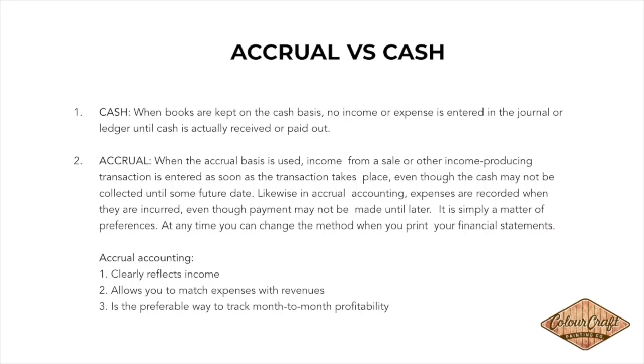It also makes it a little bit cleaner, allowing you to match your expenses with your revenue, and it's also just a little more clear for tracking month-to-month profitability. These are some of the benefits of accrual accounting. But once again, this is just a breakdown of what the difference is between the two. You have to chat with your accountant to decide what's best for you, how you actually want to look at these statements and reports.